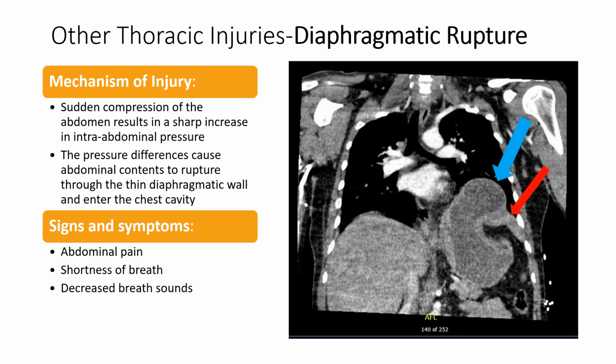Not a great day for everyone involved, particularly the patient. Signs and symptoms: abdominal pain, shortness of breath, decreased breath sounds, and bowel sounds or stomach sounds when we go to bag them in the chest. It's not fantastic all around.